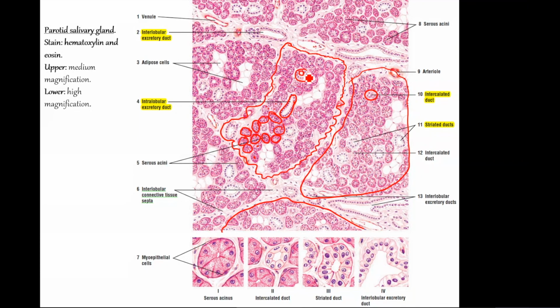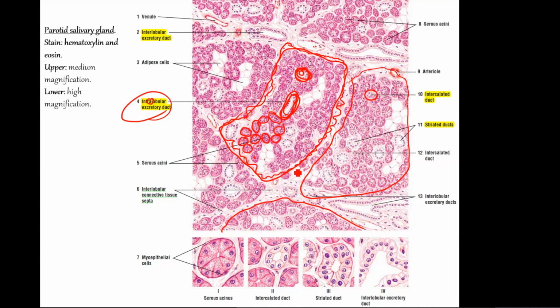So you know that I'm looking for intercalated and striated duct. I think this is striated, but at the end of the day, the intercalated and the striated are both intralobular excretory ducts. They are inside the lobule. You see the lobule? This is the lobule, so they are located inside it.